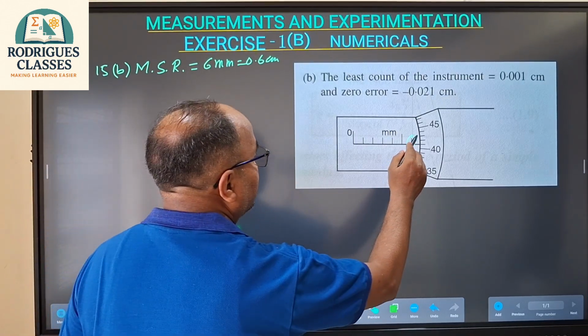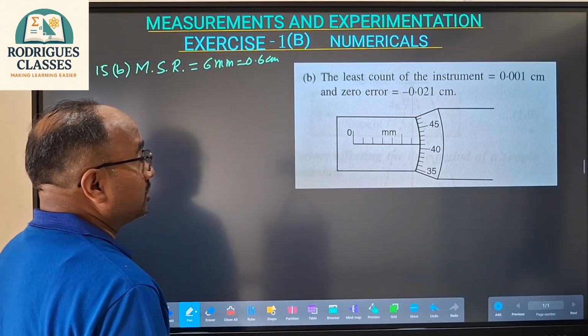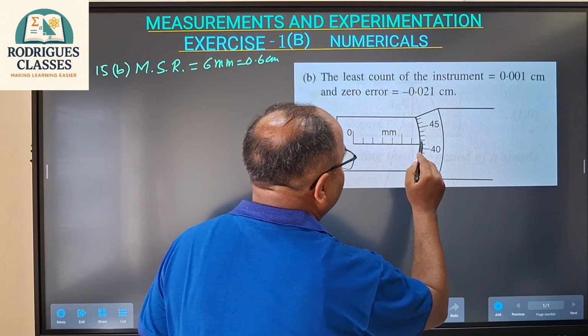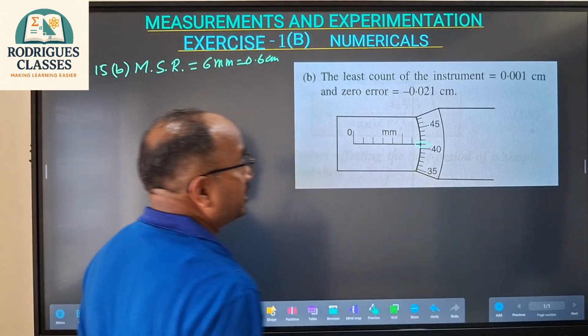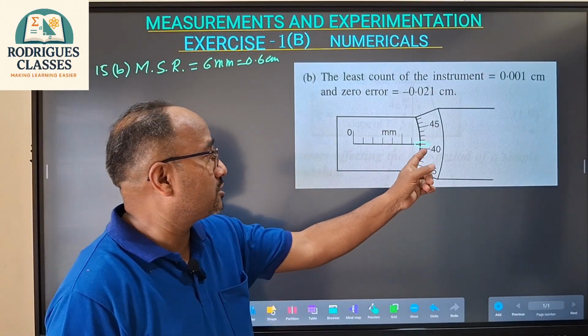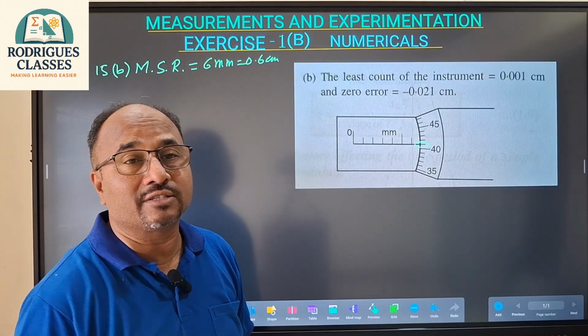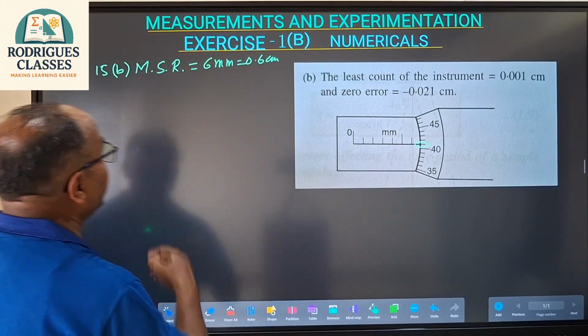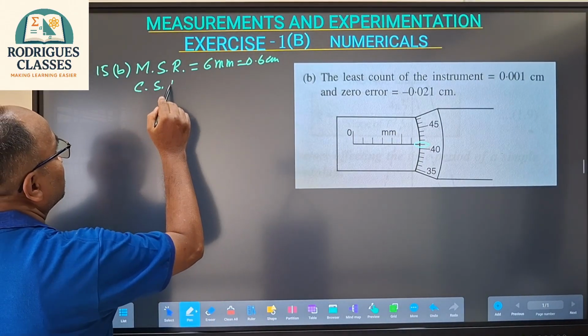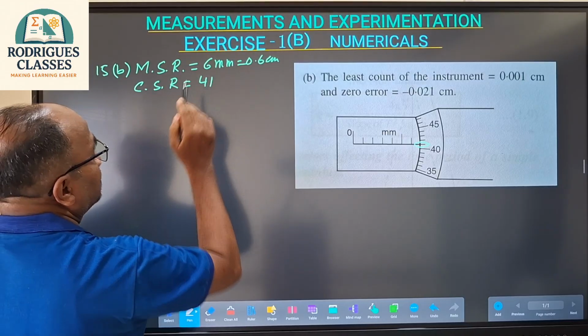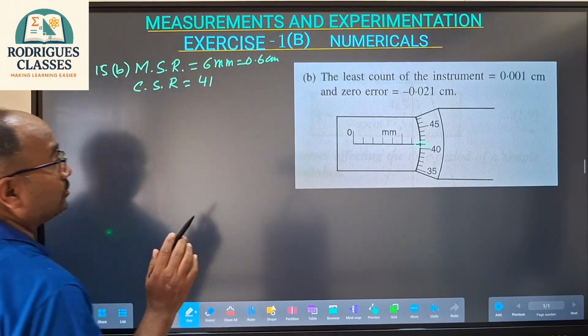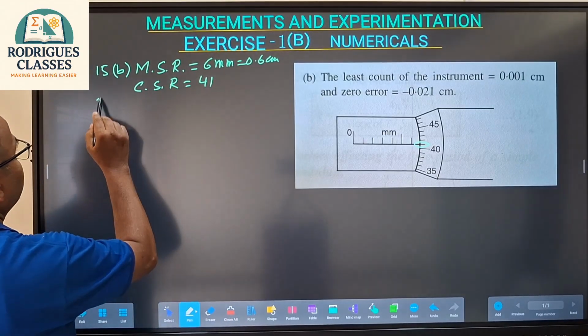Now let us come to the circular scale reading. So this is the circular scale reading part. Now this is 40. So the next one only is there. So our circular scale reading is 41. Okay. So now we can go to find the reading.